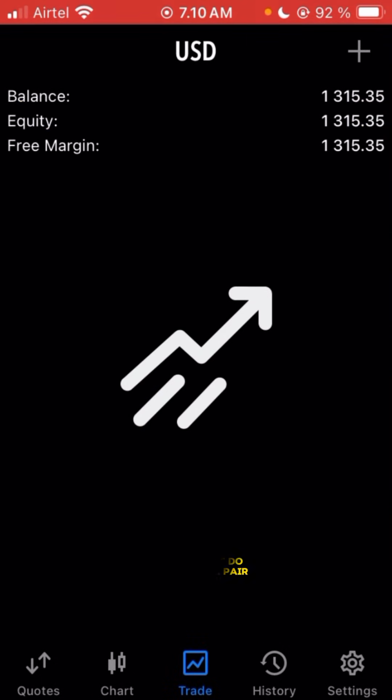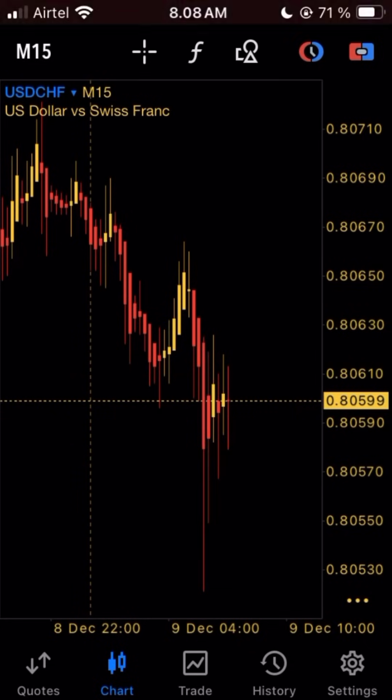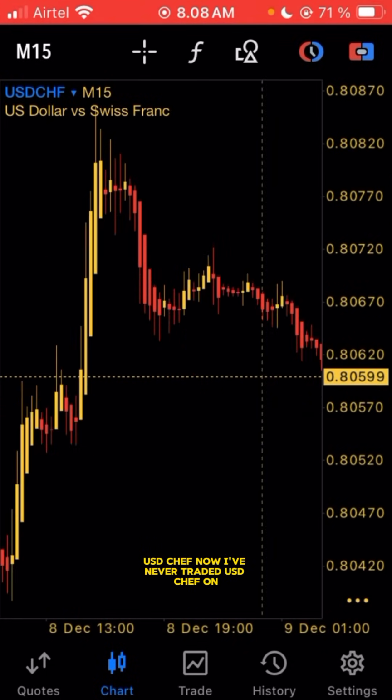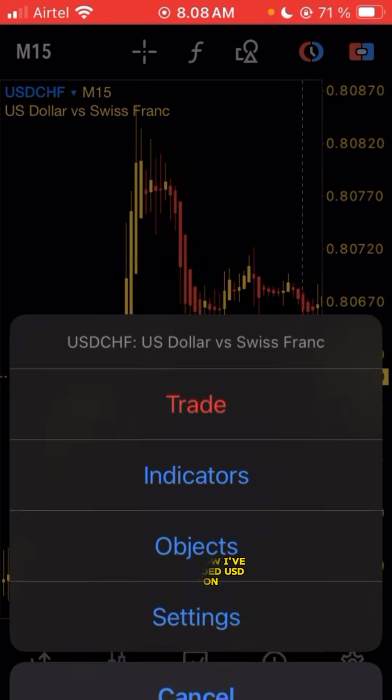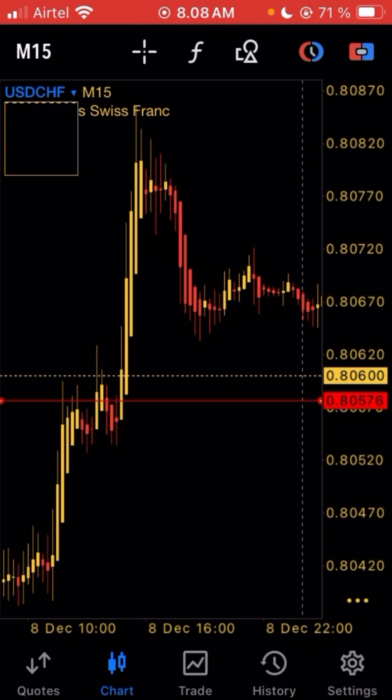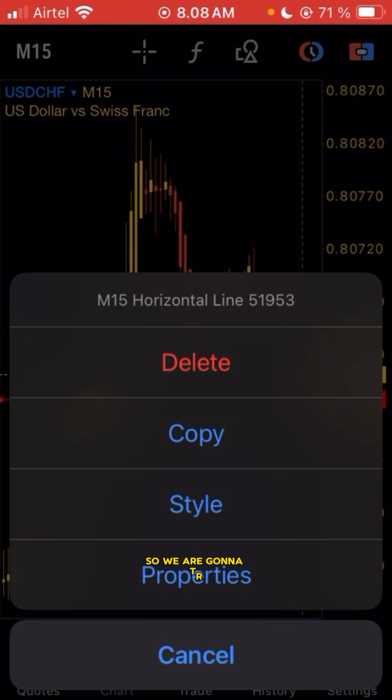What do you think the pair is? USD CHF. Now I've never traded USD CHF on this channel before, so we are going to trade the pair.